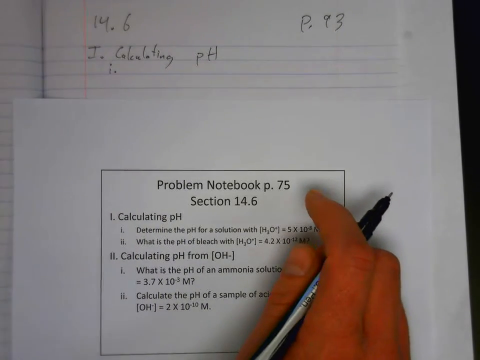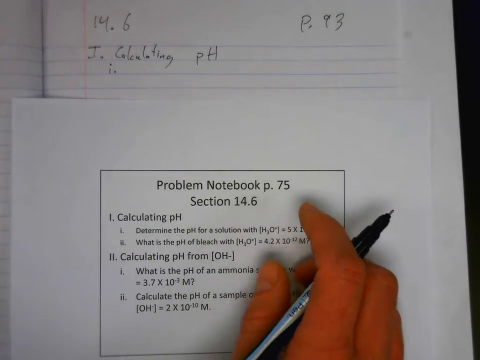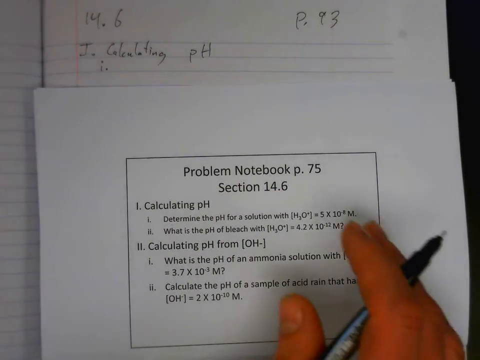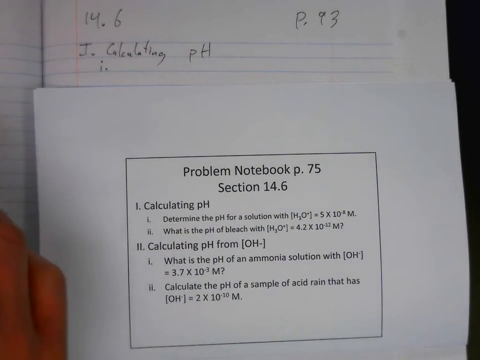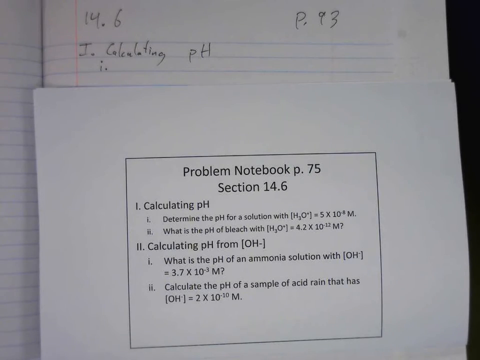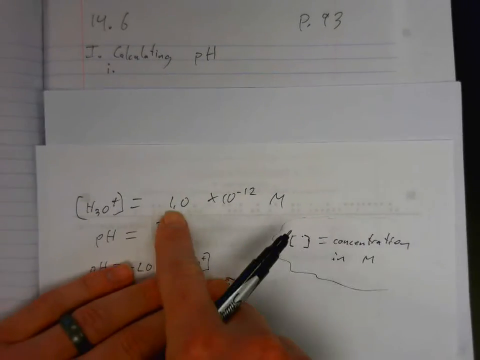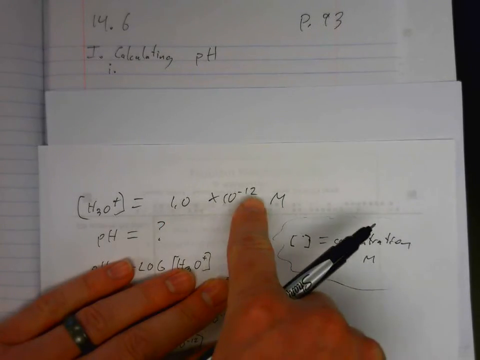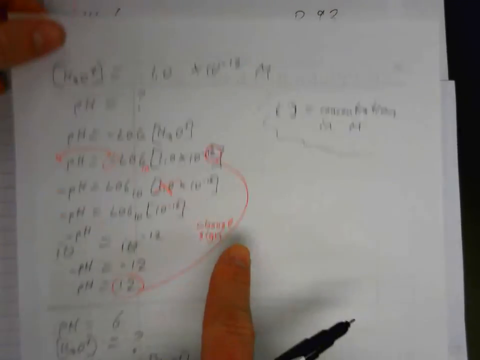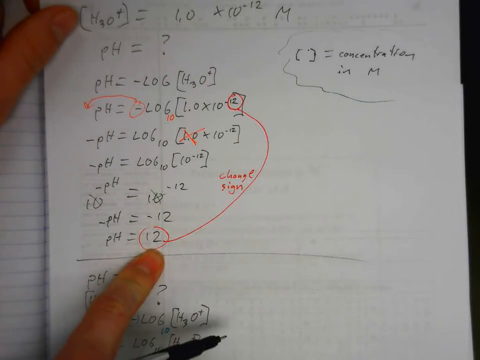We saw before that if the coefficient is 1, the number in the exponent ends up being the pH. We just change the sign.